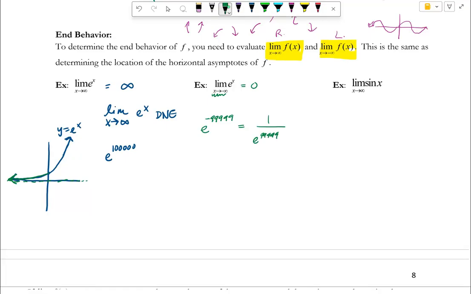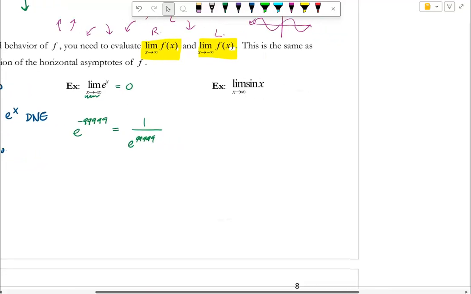And you probably don't need a calculator to know that 1 divided by a really, really big number is basically 0. Like if you brought one cookie to school to share with every single person in the building, no one gets anything. So we're dividing one thing by a huge thing. It's basically 0.